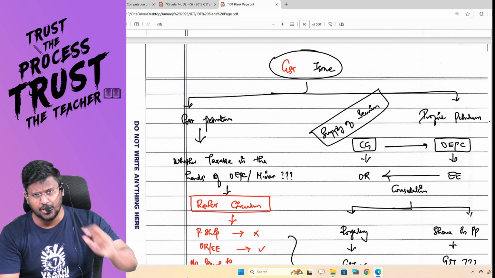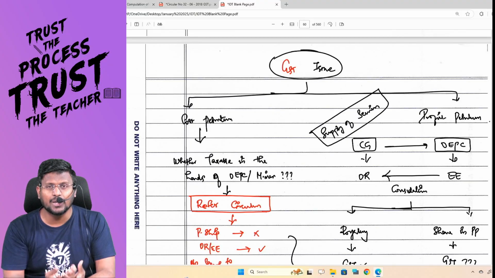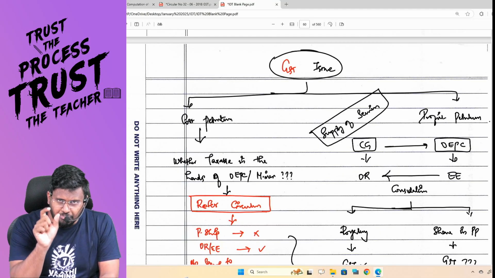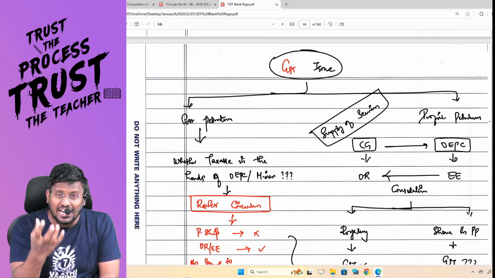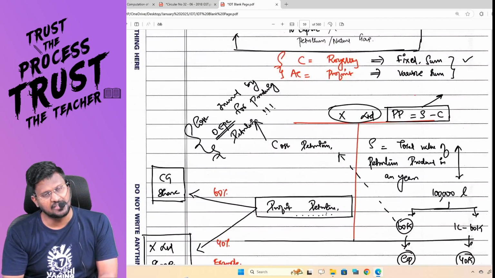So petroleum is classified into two categories, cost petroleum and profit petroleum. For your clarity, I'm repeating once again, what is cost petroleum? Cost petroleum means the amount recovering the cost incurred by the OEPC.